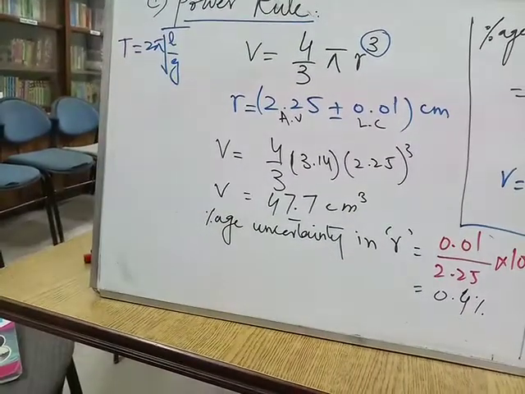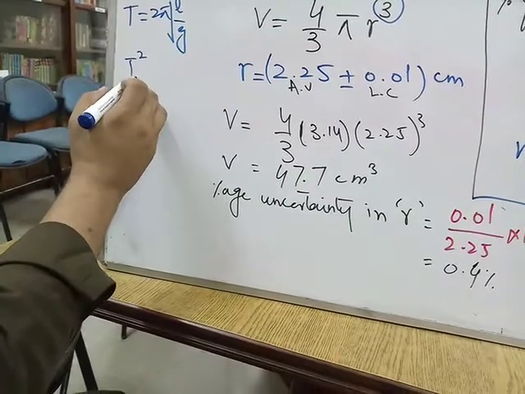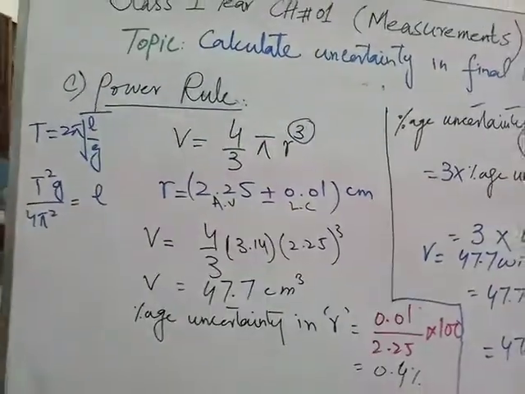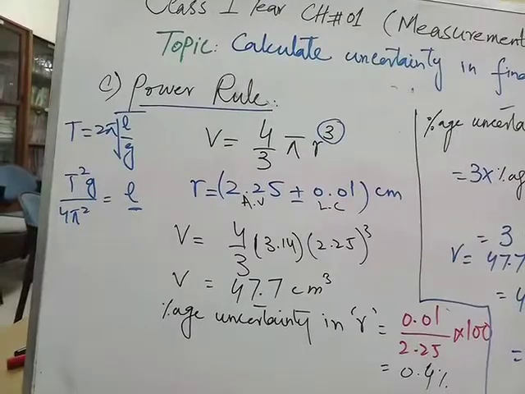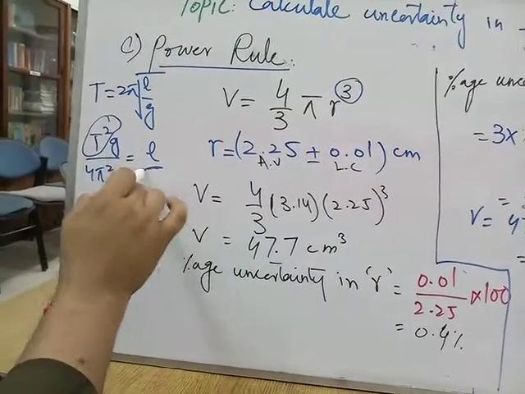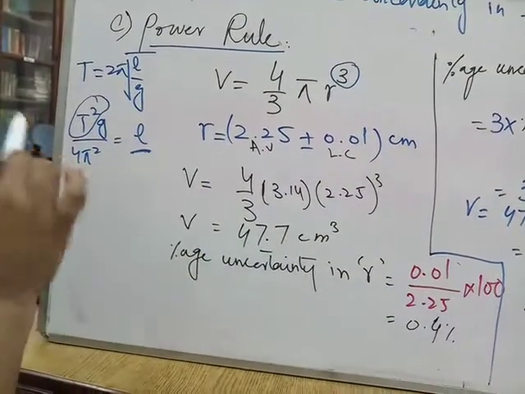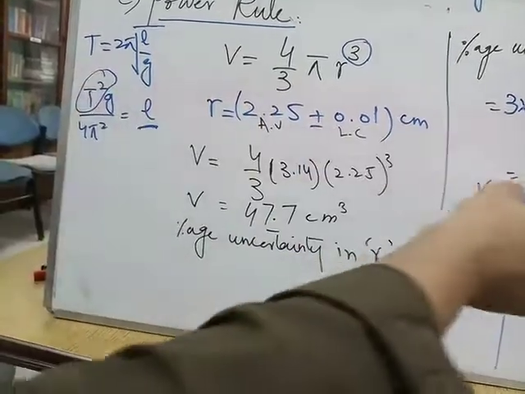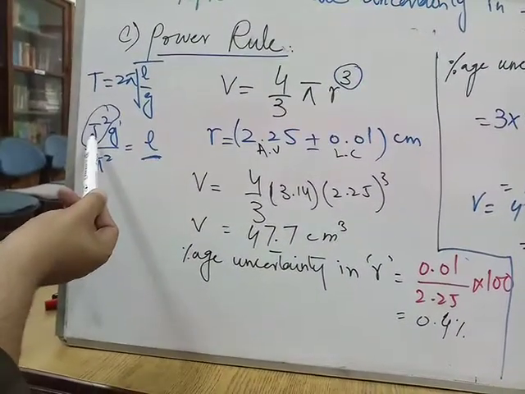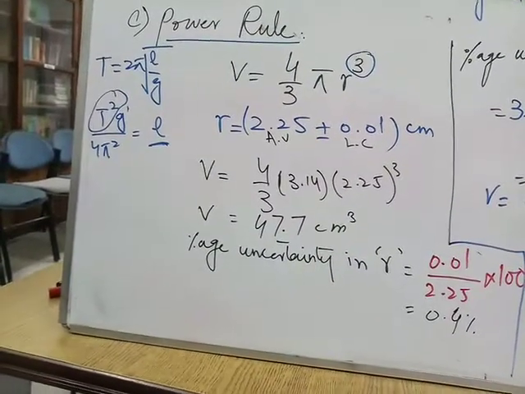So for finding the length, we square both sides: T square g divided by 4 pi square is equal to L. For finding the uncertainty in L, we use the power rule. The value of g is given, so you just add the uncertainty of g because the power of g is 1, multiplied by 1, plus the uncertainty of T multiplied by 2. From this method we can solve the power rule.